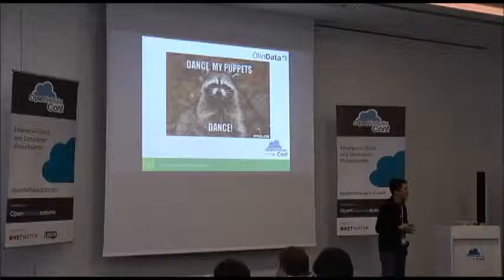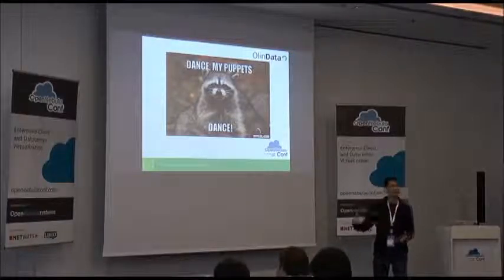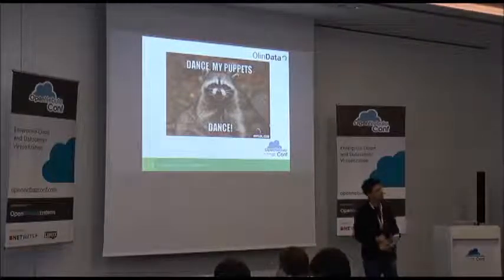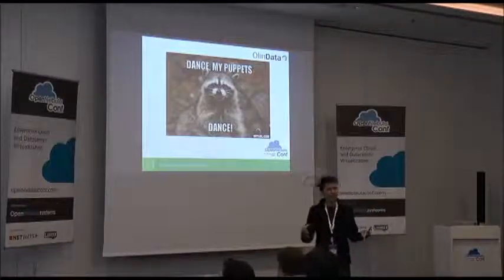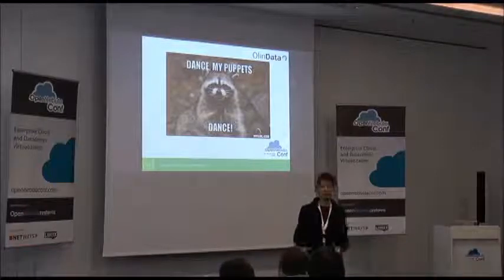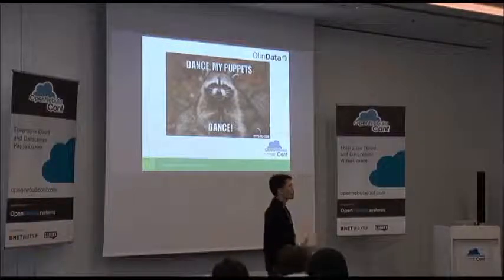We define the state of our servers using configuration management. We define it in these tools. And these tools do what they do best. They will set up the entire infrastructure according to your definition.